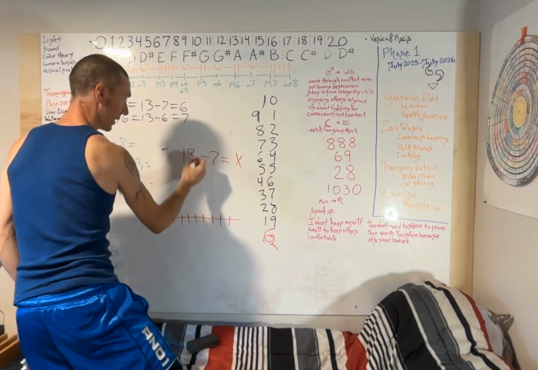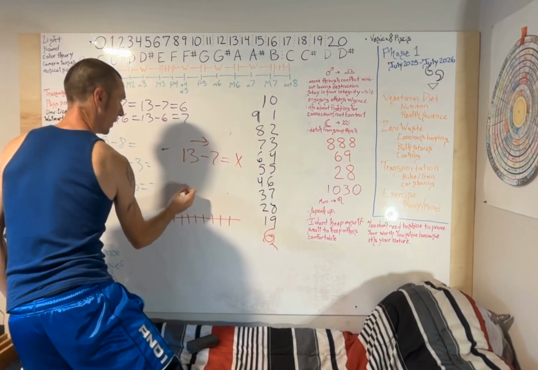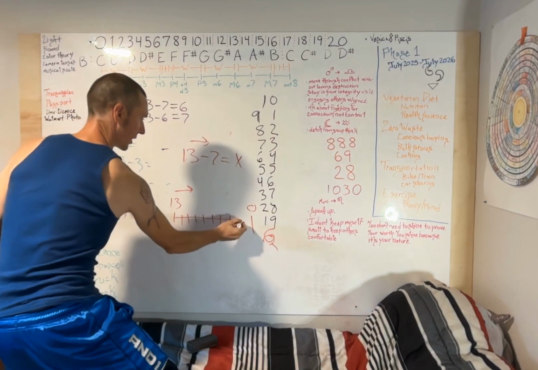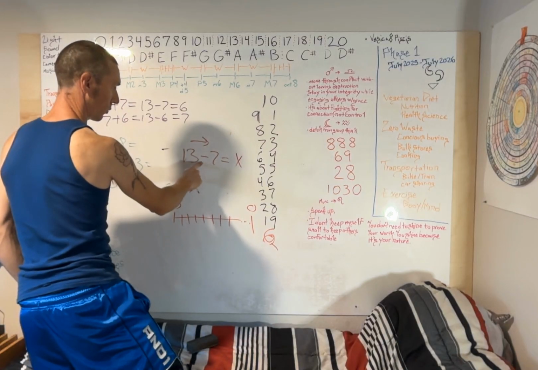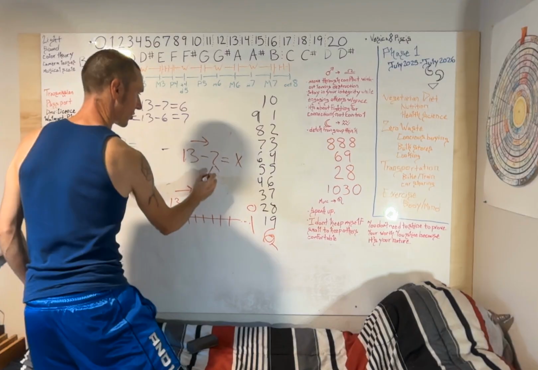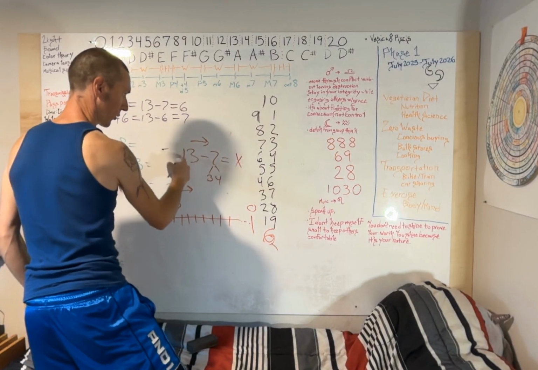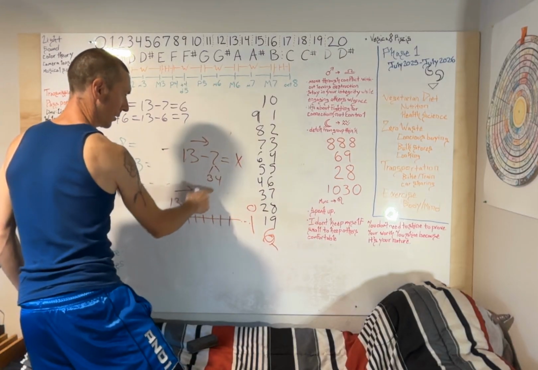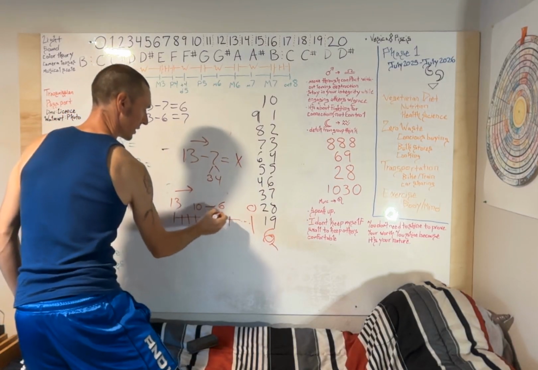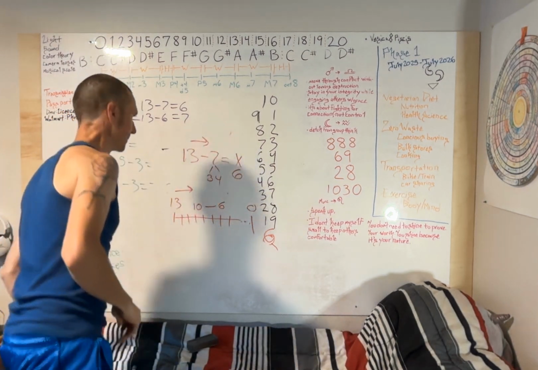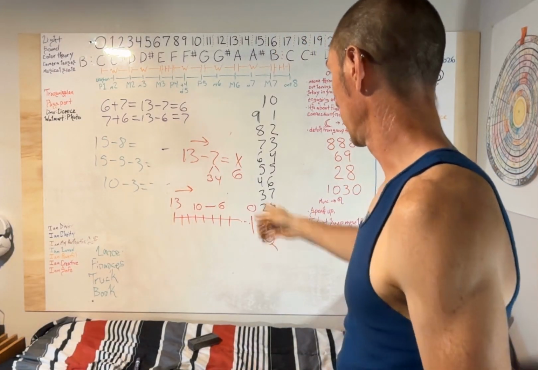And I read it this way, so I'm going to go down this way. That's just a place marker. So, yeah, and then you break this 7 up into its counterparts 3 and 4. So 13 minus 3 gets you down to 10. And then 10 minus 4 gets you down to 6. So 13 minus 7 equals 6. Okay. I understand subtraction now.